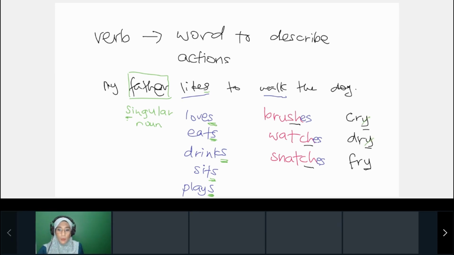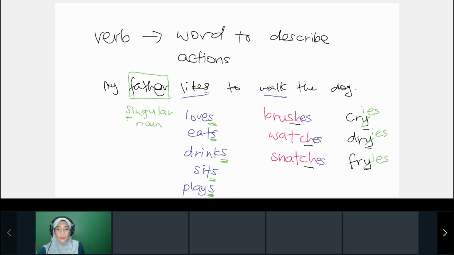So cross out y, then we switch it to i and we add es. Okay, so you can match my father cries, my father dries, or my father fries.